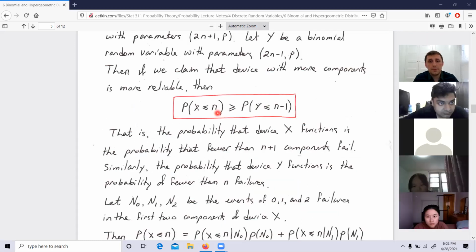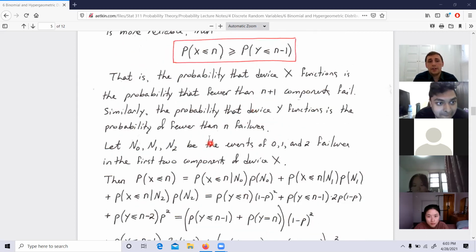Good. So this means the probability this machine still functions is the same as the probability that fewer than n of the engines failed. And the probability that the second machine functions is that fewer than n minus 1 engines failed. Right? So we will try to examine the situation. When is a machine with more engines more reliable than a machine with fewer engines?